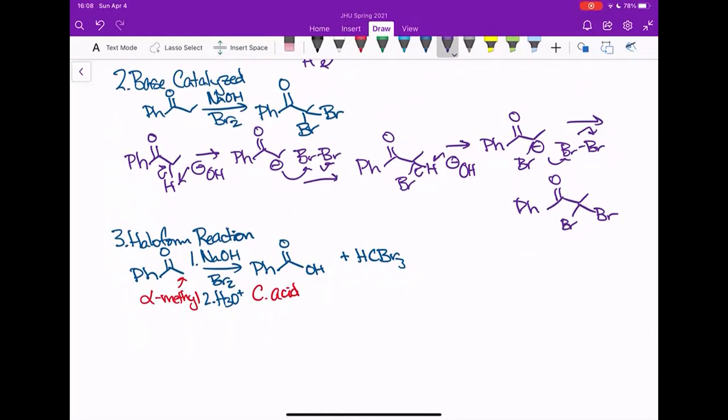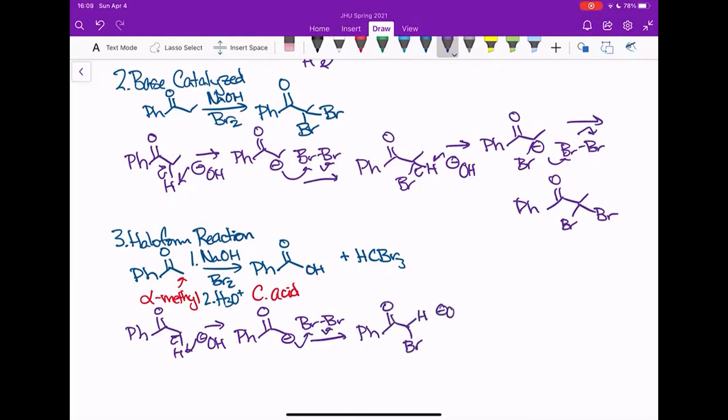Okay. So your haloform will be really similar to the base catalyzed. So most of the reaction is the same. So we'll start by deprotonating again, just like above. You can bring in your Br2 to brominate. And then you'll do this process again.